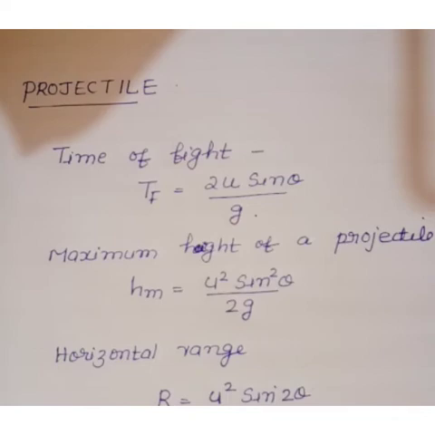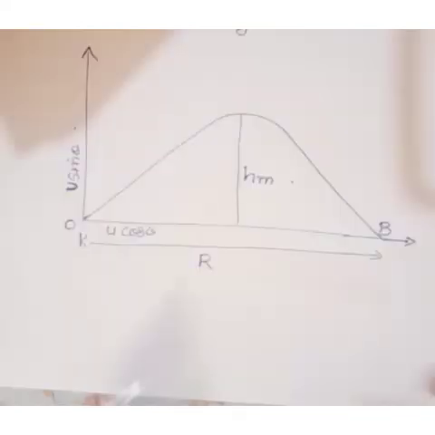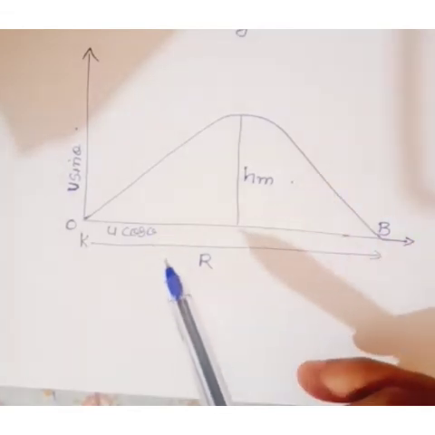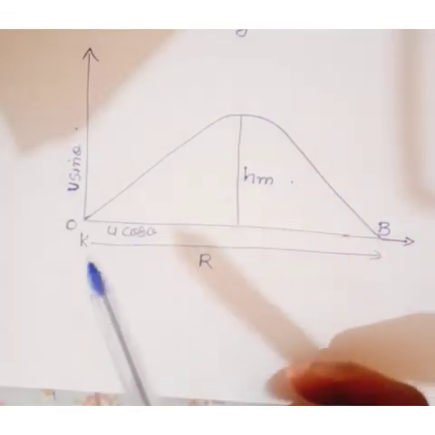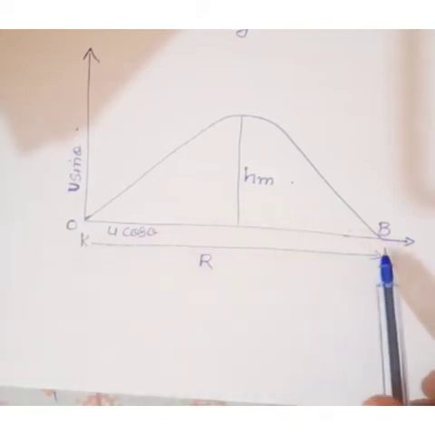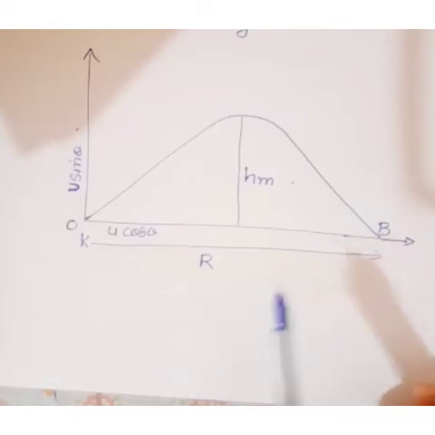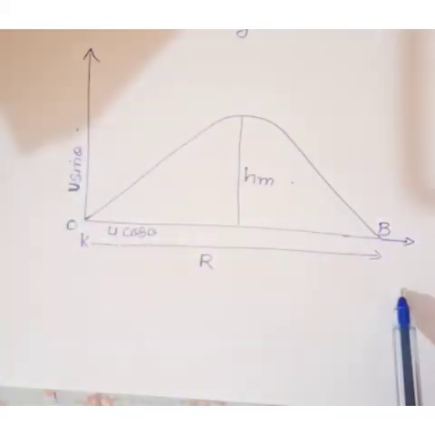So what do you mean by time of flight? Time of flight means the time taken by the projectile from the instant it is projected till it reaches the point in the horizontal plane of its projection, that is, the body reaches the point B. This is the shape of a projectile motion.